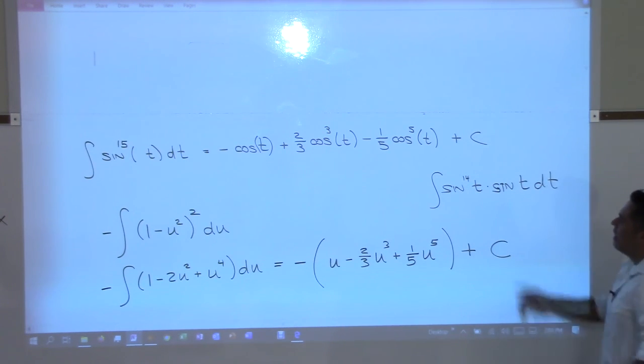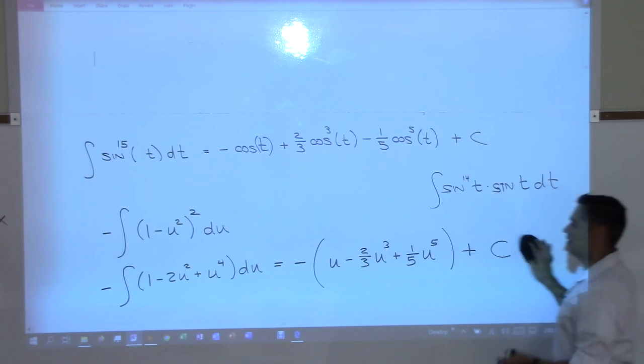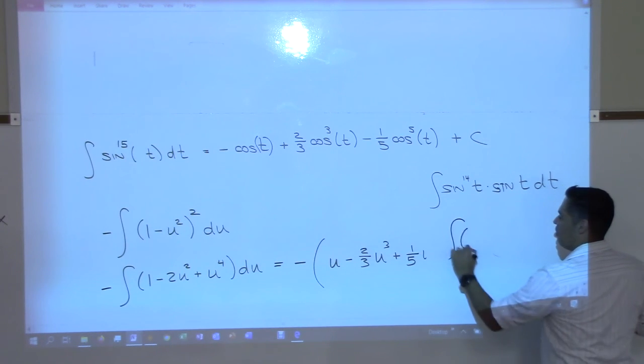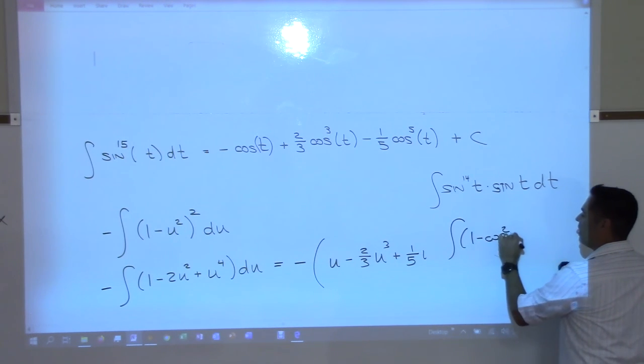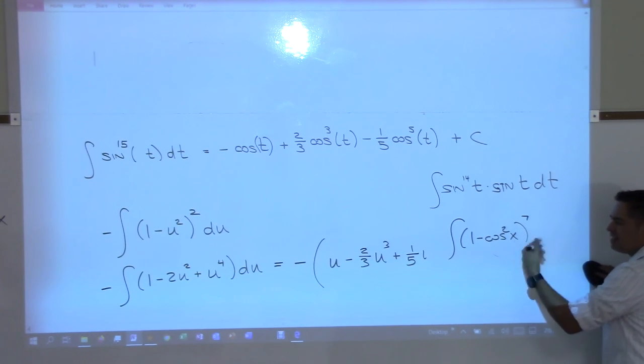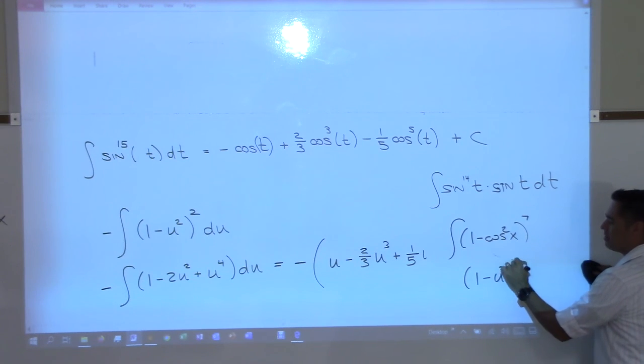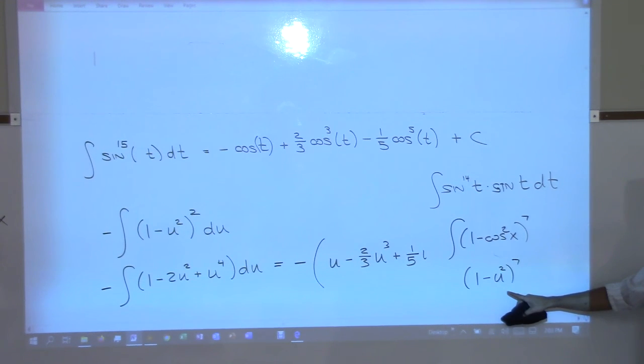And then you would have to write that as sine squared to the 7th power, which would mean like 1 minus cosine squared, that's your sine squared, right? But then to the 7th power, and at the end of the day, that's going to wind up being a 1 minus u squared to the 7th. Then you have to expand that. That's not going to be fun, right?